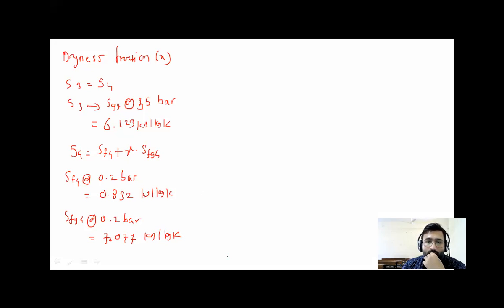If you are getting another value, please let me know. Now you put this into this equation. So S4 is calculated equal to S3, that is 6.123 equal to 0.832 plus X is unknown into 7.077. Calculate X value.